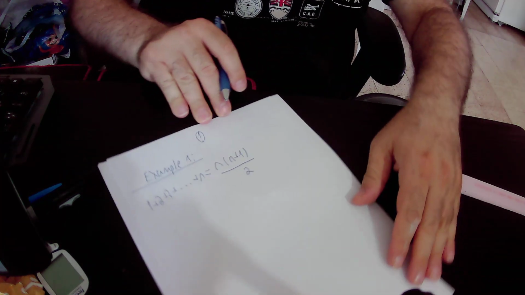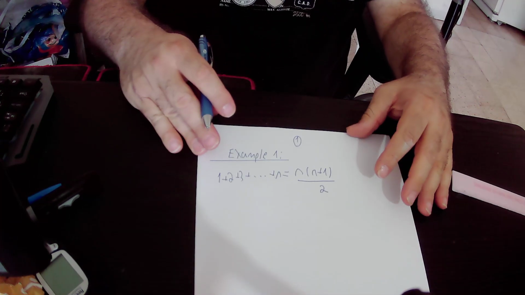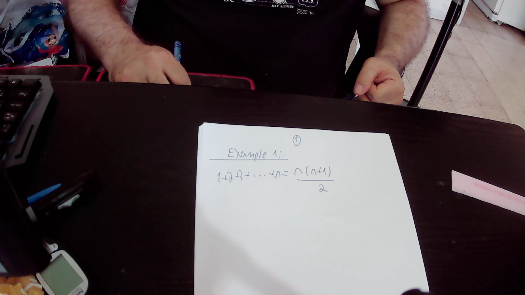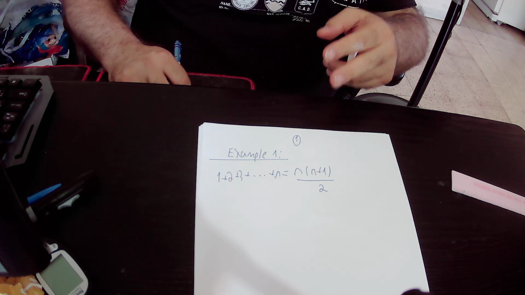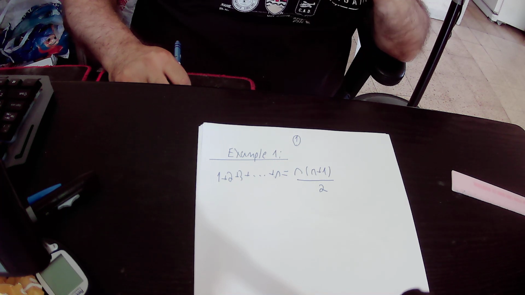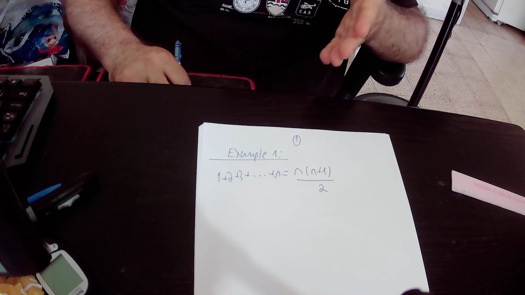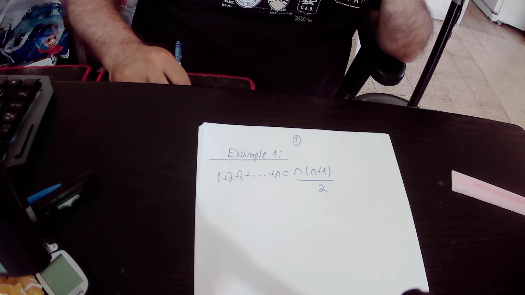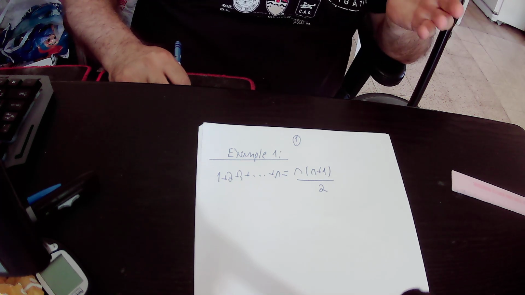So this is the example: 1 plus 2 plus 3 plus n equals n times (n plus 1) divided by 2. So we have to prove that this statement is true for all the natural numbers.